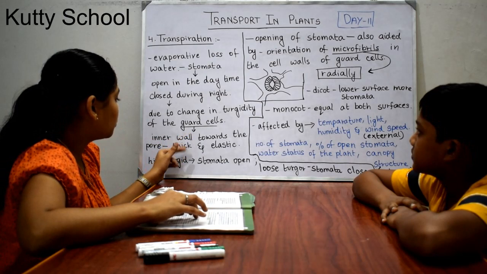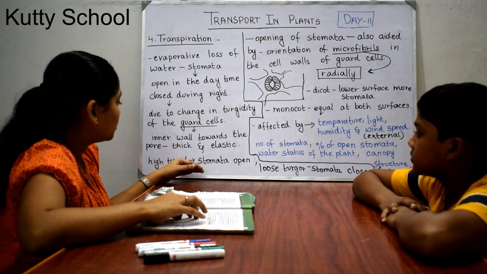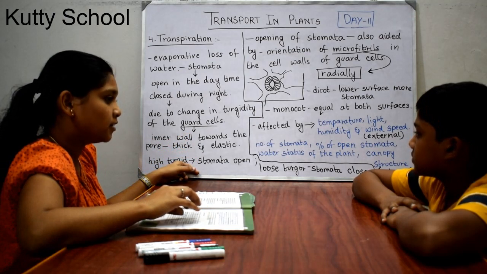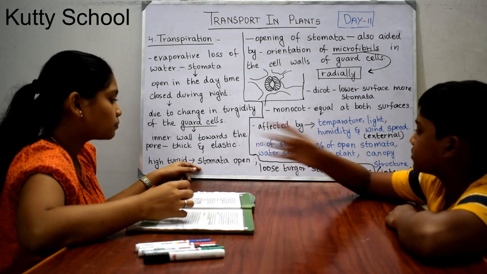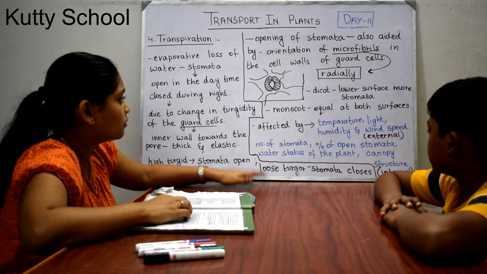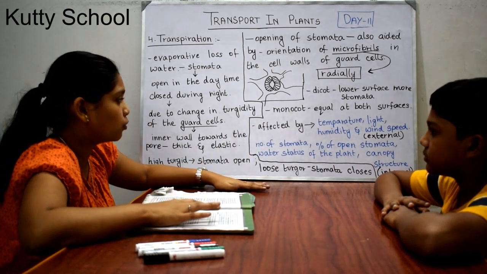If the guard cells have high turgidity, meaning high water content, the stomata open. When they lose water and turgidity, the stomata automatically close.